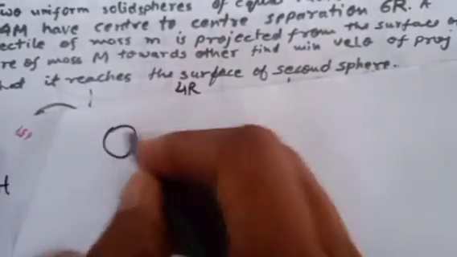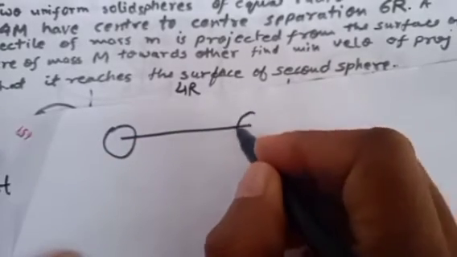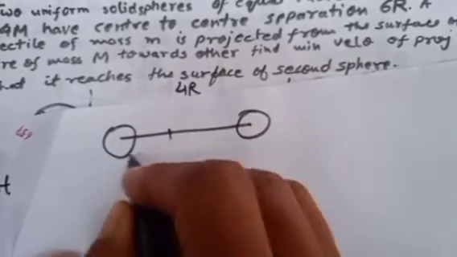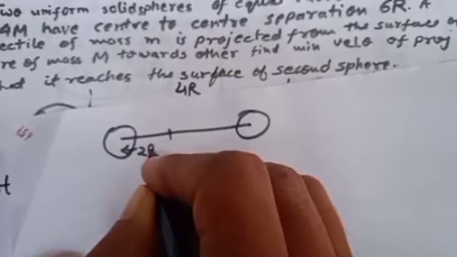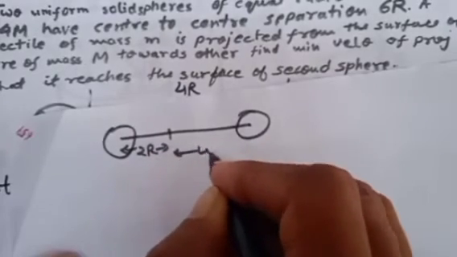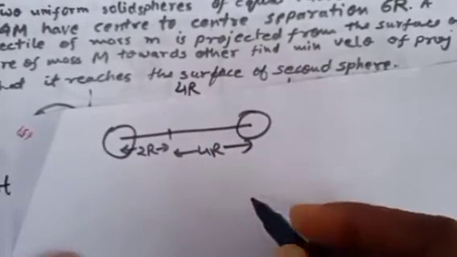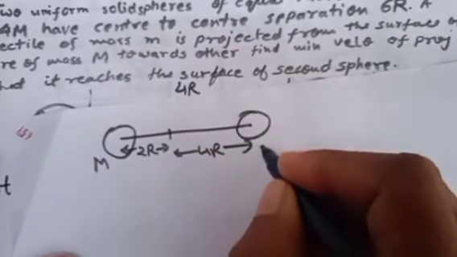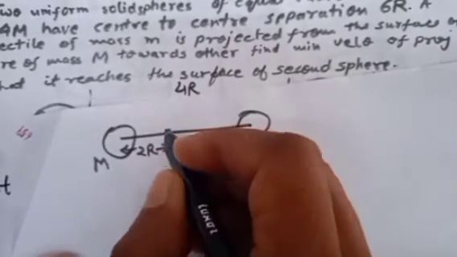So now the idea is: this is 2r, this is 4r, this is m, this is 4m, and this is our projectile.